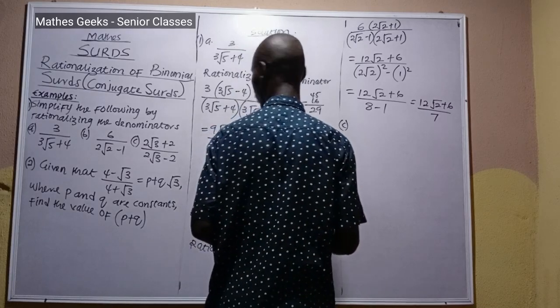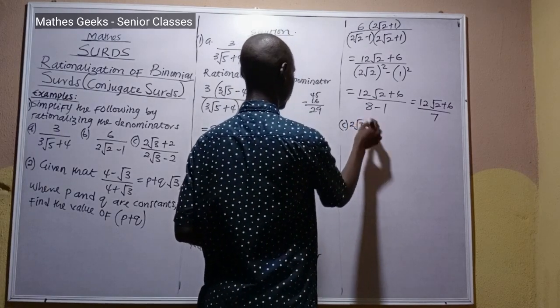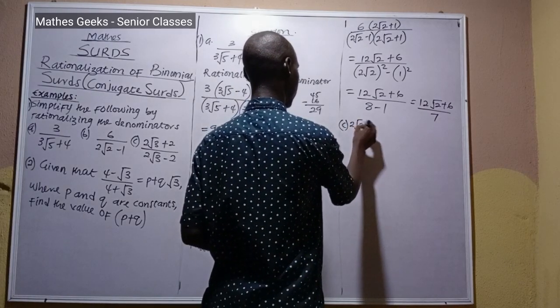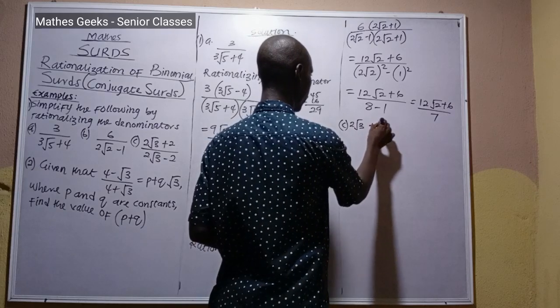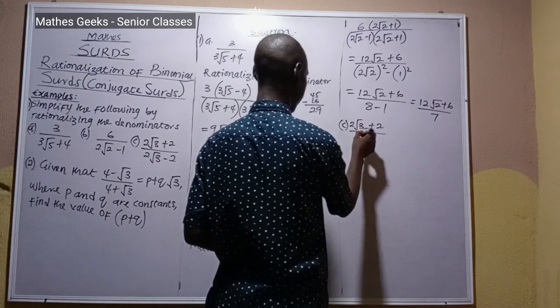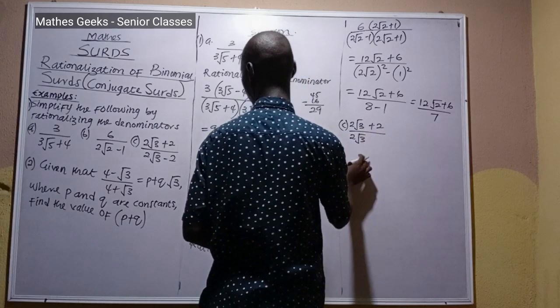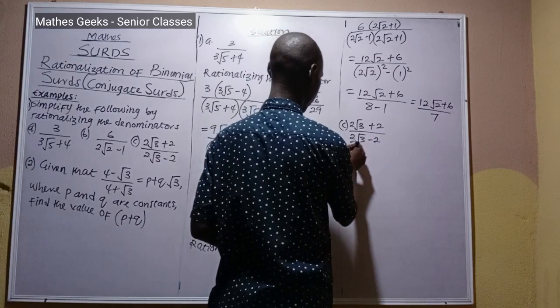Part C: 2 root 3 plus 2 over 2 root 3 minus 2.